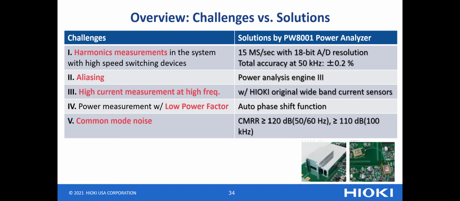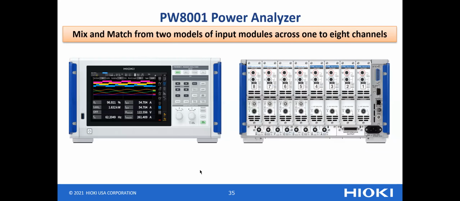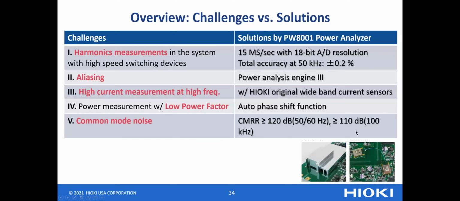And the last point is common mode noise. The common mode noise is likely to be coupled with the voltage measurement lines and the current measurement lines, and the meter per se should be highly immune to common mode noise. So the PW8001 has an aluminum case and optical isolation.